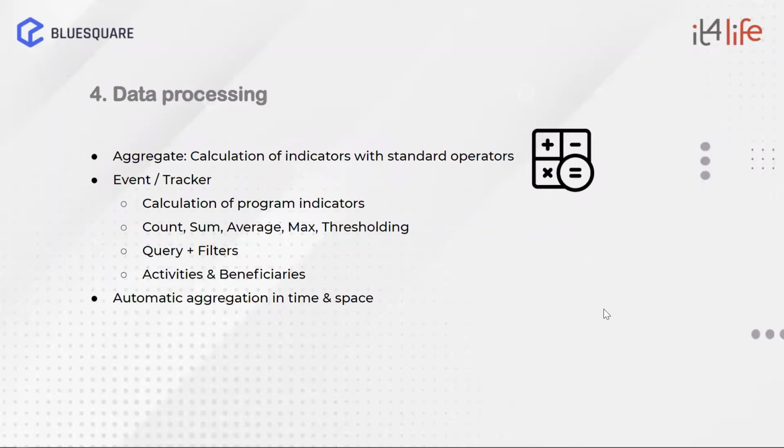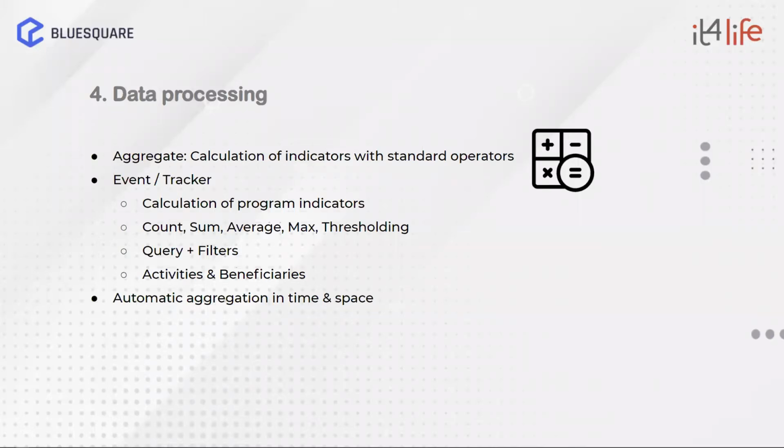Then you have all sorts of calculation of data processing available in the system. For the aggregate, you can use the standard operators. And for event and tracker, you have what they call program indicators. So you can use the count, sum, average, max. You can work on thresholding. The logic is to run a query, a calculation, and a filter.